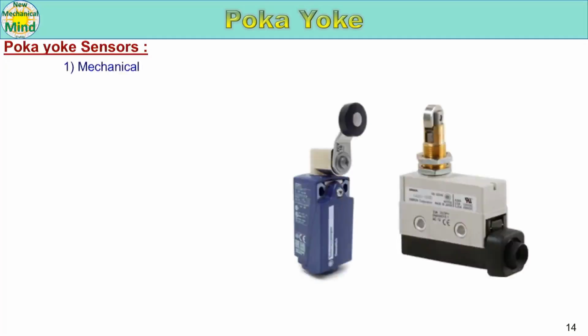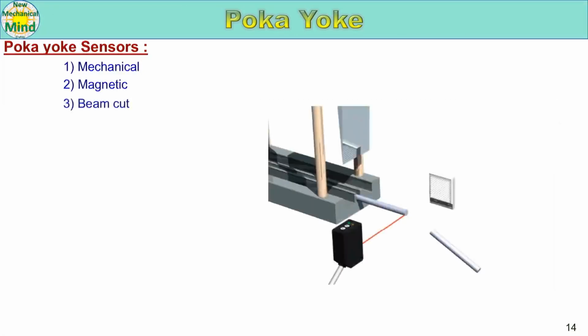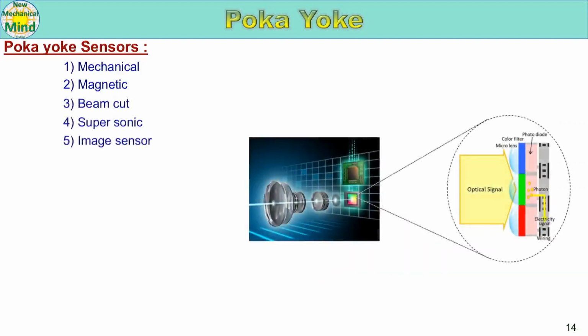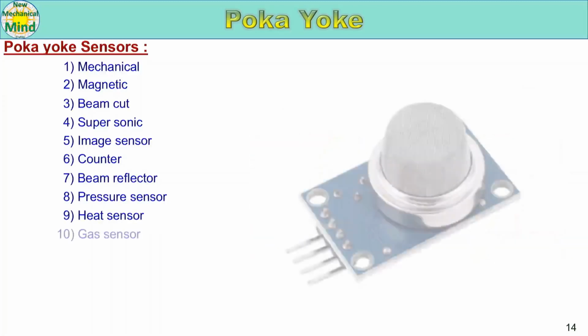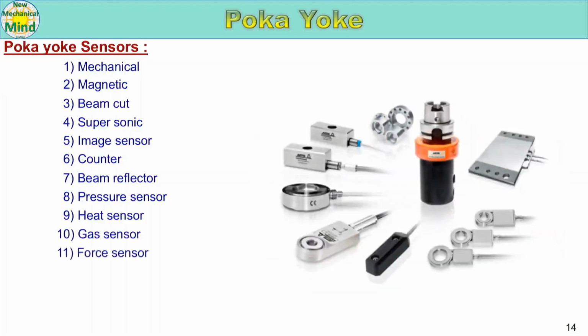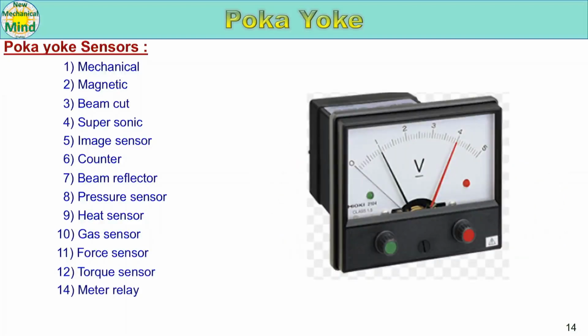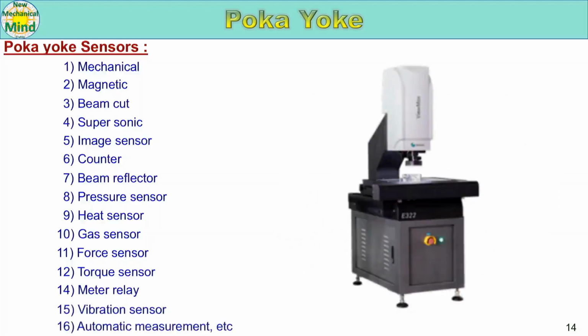They are mechanical, magnetic, beam cut, ultrasonic, image sensor, counter, beam reflector, pressure sensor, heat sensor, gas sensor, force sensor, torque sensor, meter relay, vibration sensor, automatic measurement, etc. These are the various sensors commonly used in industries.